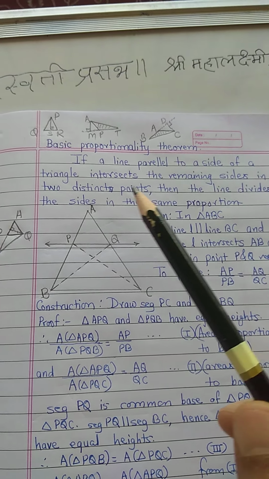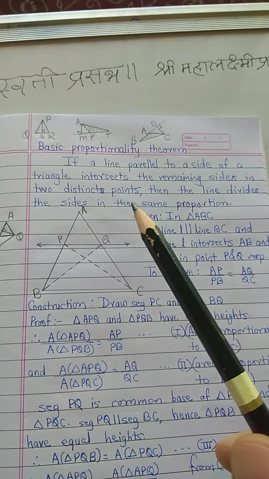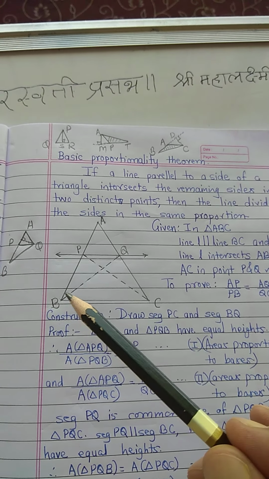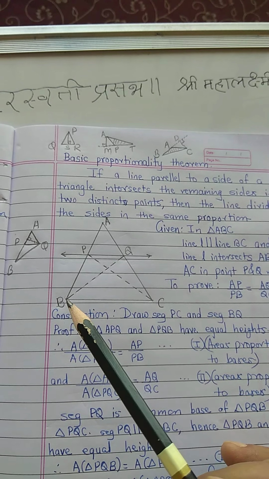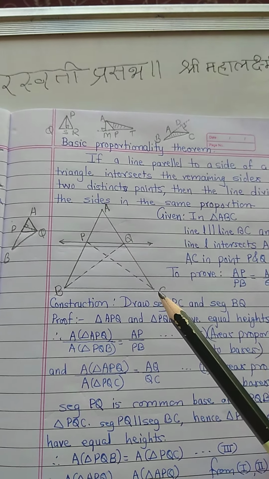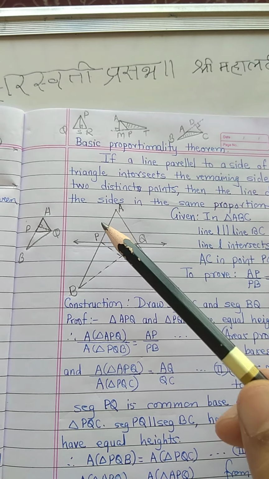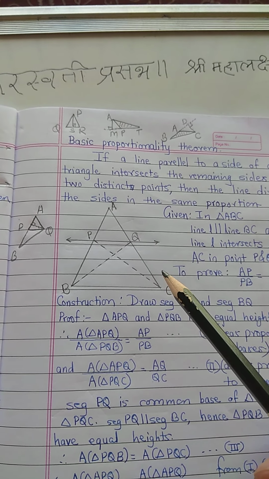Then the line divides the other sides in the same proportion. This is one of the sides. The given line is parallel to this one side. Then the other remaining sides have equal proportions, that AP upon PB should be equal to AQ upon QC.